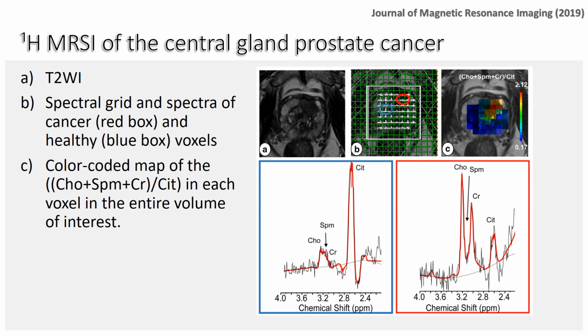The cancer voxel presented a spectrum with relatively lower citrate and higher choline and creatine signal than the normal spectrum. Figure C shows a color-coded map of choline plus asparagine plus creatine per citrate in each voxel in the entire volume of interest, which shows high signal intensity for this ratio in the tumor area.